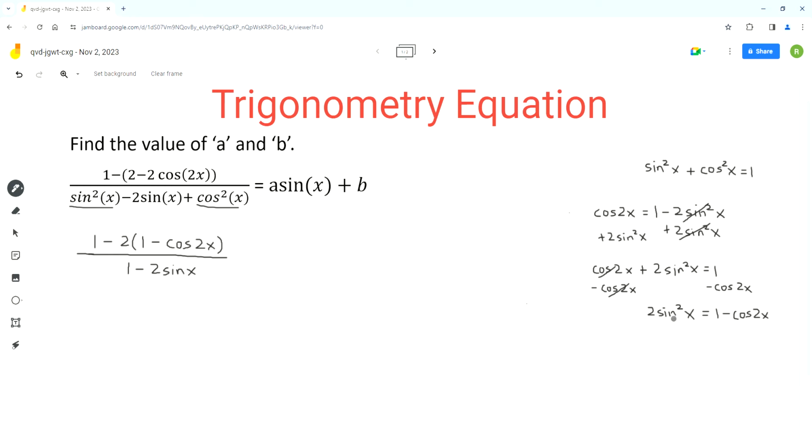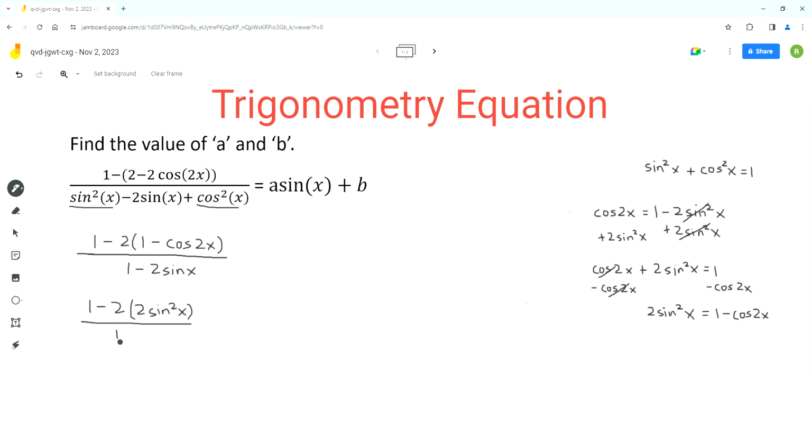So this is the substitution we'll do here. So we'll replace 1 minus cos 2x with 2 sine square x. So we get 1 minus 2 in the parentheses 2 sine square x over. Now the denominator has already been simplified.